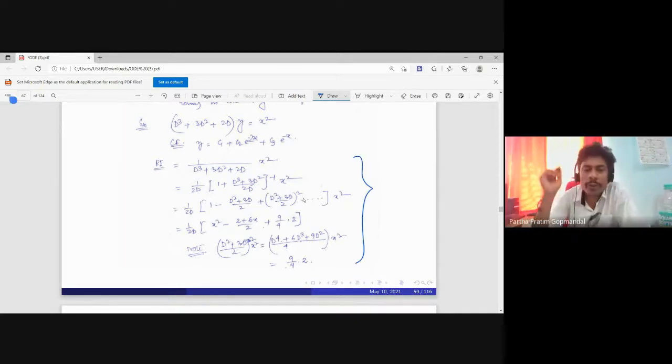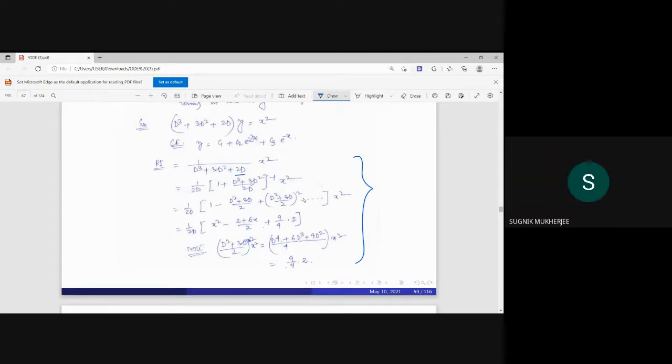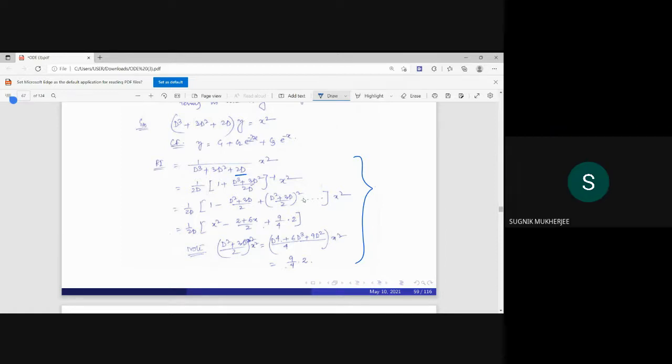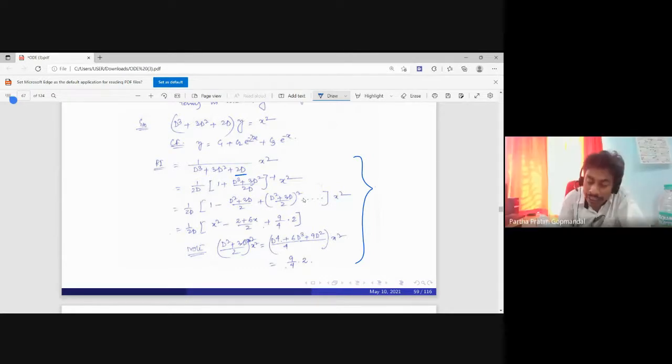I understood this problem that we discussed in the last class. Why have we taken the minimum degree D common here? Why not D cube? Why not D square? Sir, then it will be difficult for us. Because then the differential operator is in the denominator, so it is difficult. Yes. So better you consider the least power.